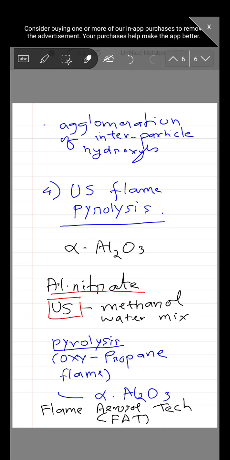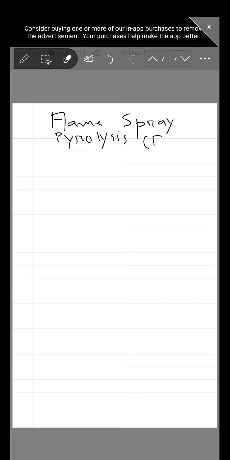So similar to this technique, we have another technique. It's called flame spray pyrolysis, FSP.